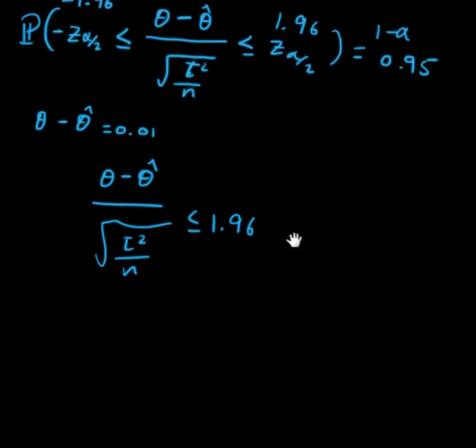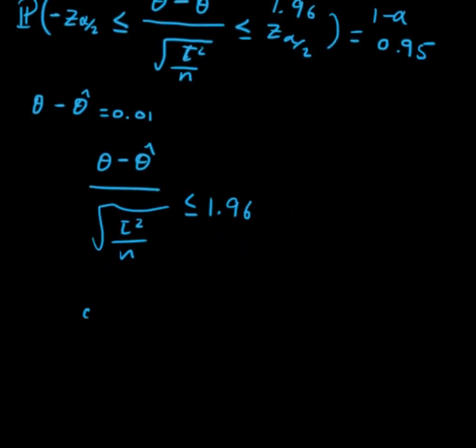Let's sub in some numbers that we know: 0.01 is less than or equal to 1.96 times the square root of tau squared, which is 0.15 as we already established, divided by n, the only number we need to find.